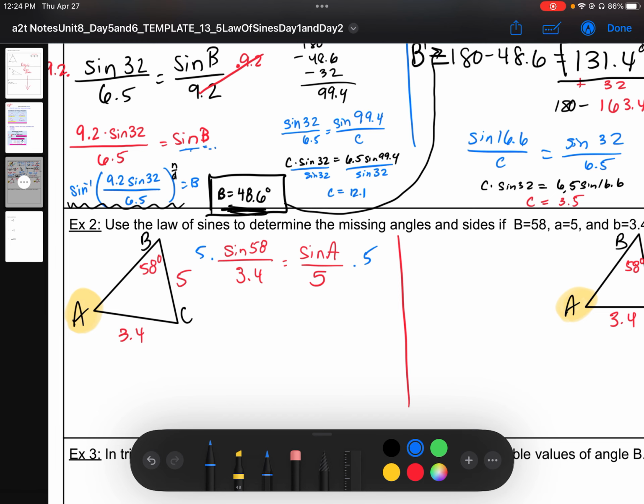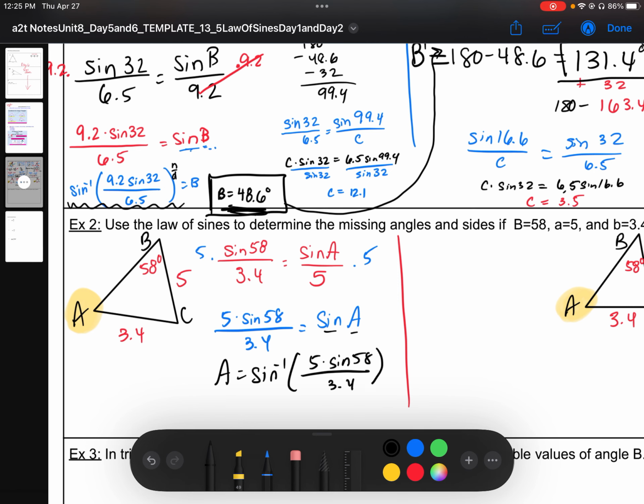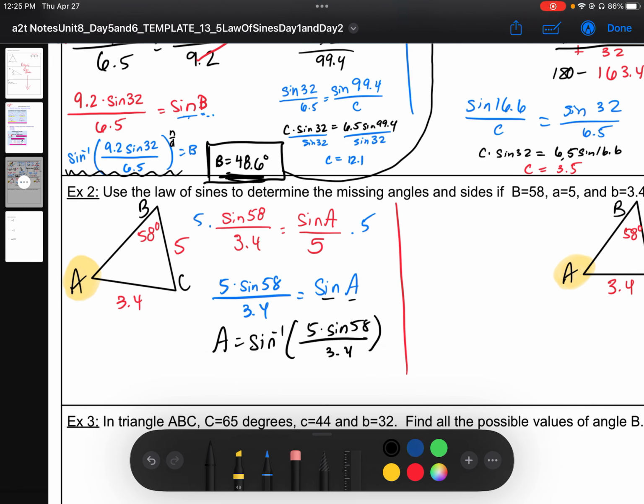Multiply by 5, so I've got 5 times sine of 58 divided by 3.4 equals sine A. Separate these by doing the inverse. So A is inverse sine of 5 times sine 58 over 3.4. Now throw that into your calculator.